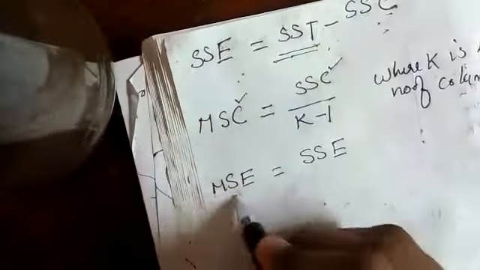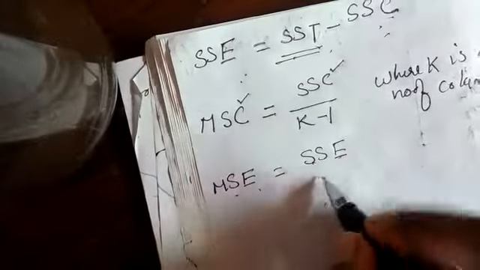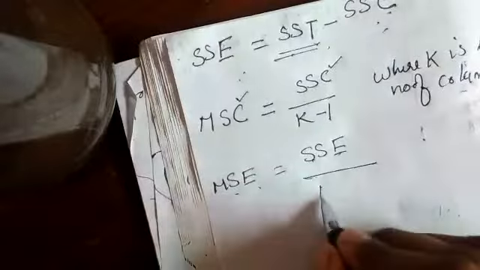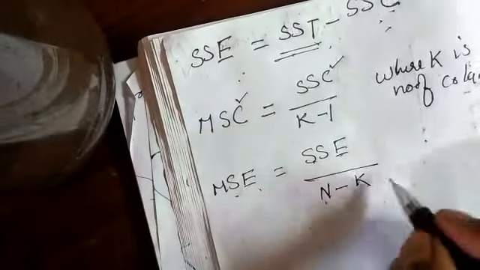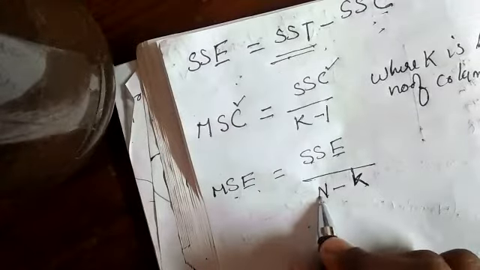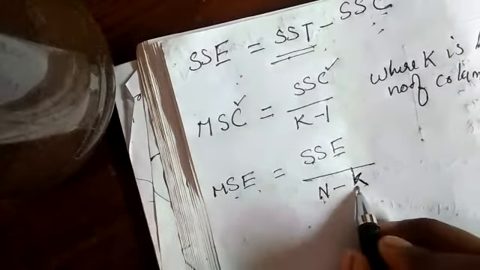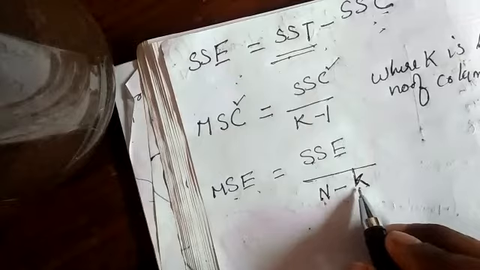Okay. Next MSE. How to find MSE? MSE is the SSE divided by N minus K. N is the column total into row total, and K is the number of samples.